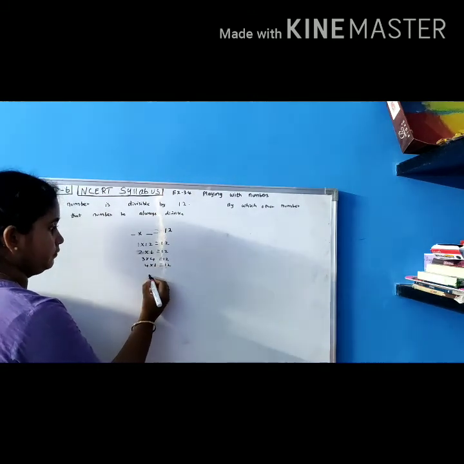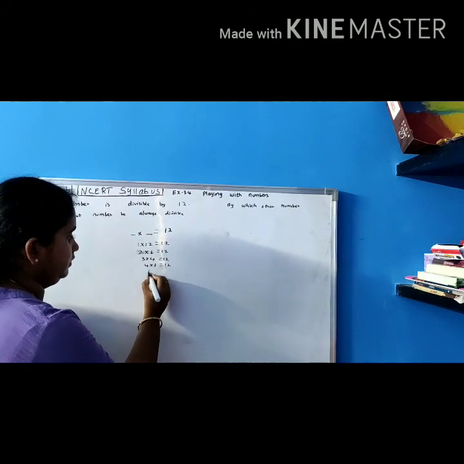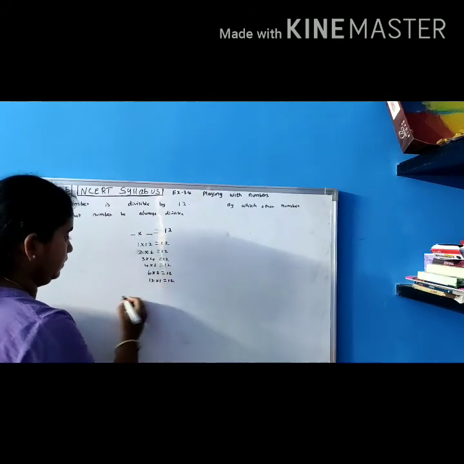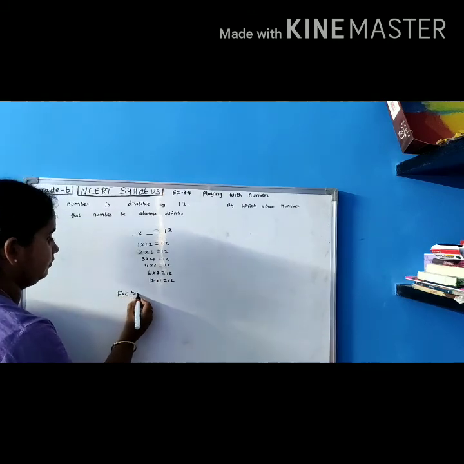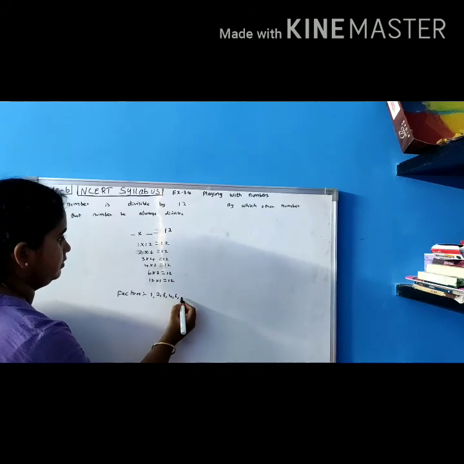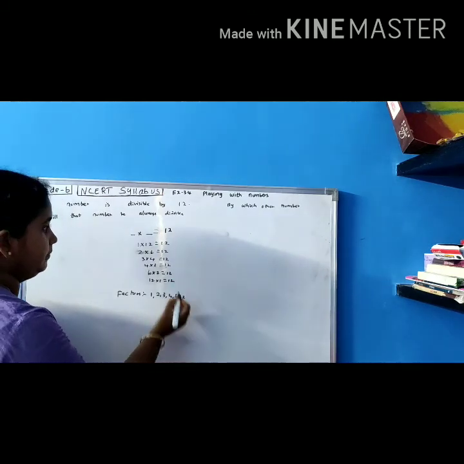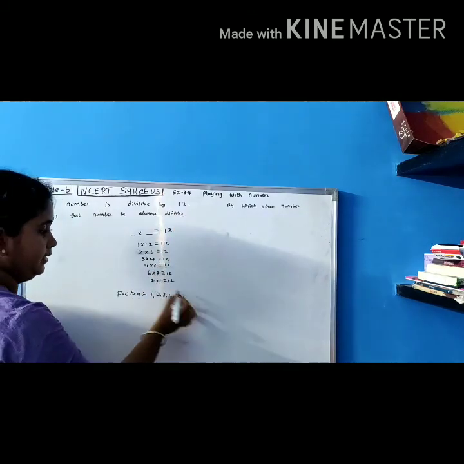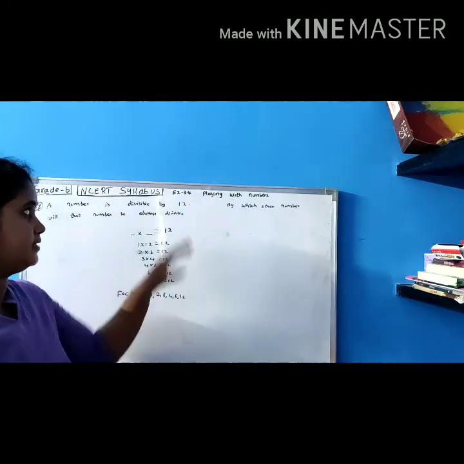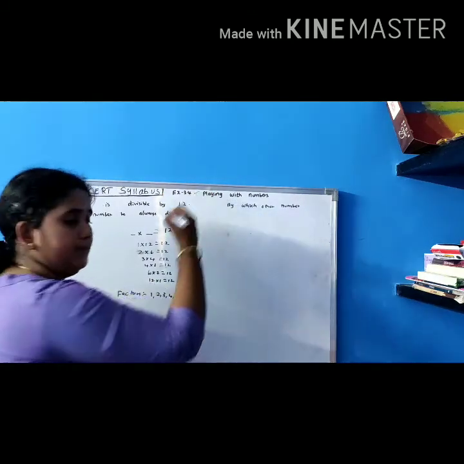Then 6 2s are 12. 12 into 1 is 12. So the factors are 1, 2, 3, 4, 6, 12. So the number is divisible by these factor numbers. Okay. So that's all. With this, exercise 3.4 is completed.